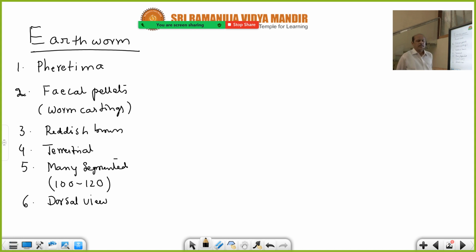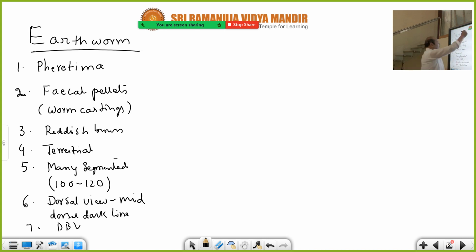Sujana, Satvika, Varshita. Yes, the mid-dorsal dark line is the most important identification feature. This dark line is nothing but the dorsal blood vessel. Dark line is a representative of the dorsal blood vessel. Like that you have to say this.